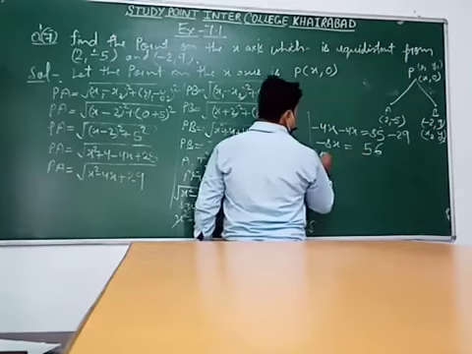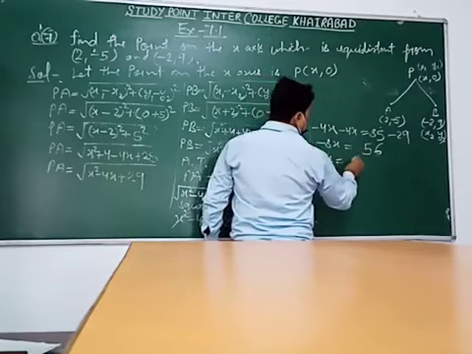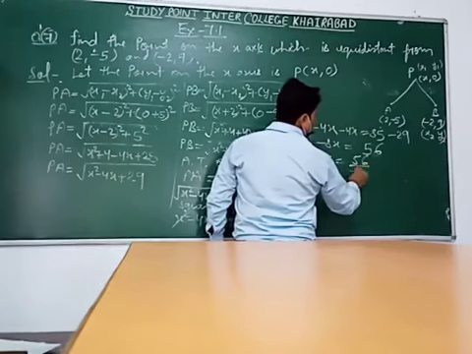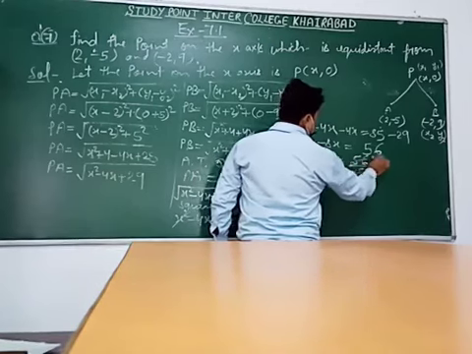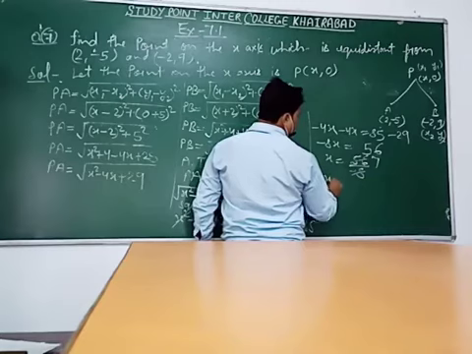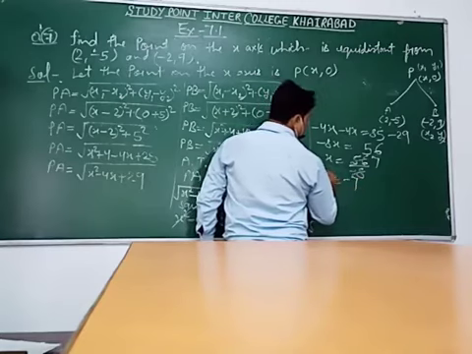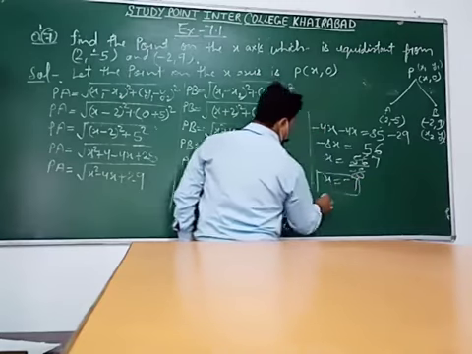So x equals 56 upon minus 8, which is minus 7. X equals minus 7.